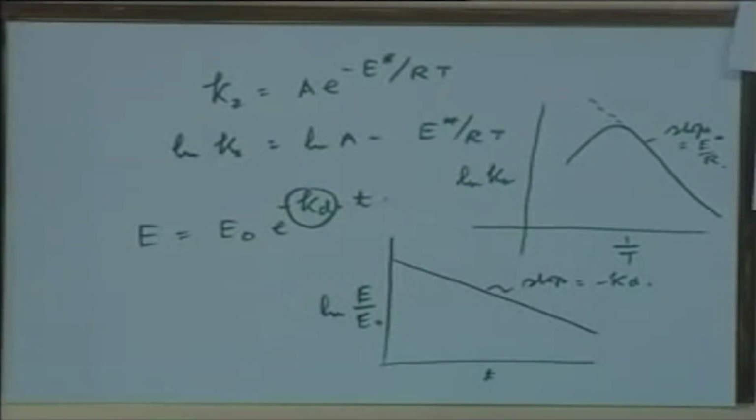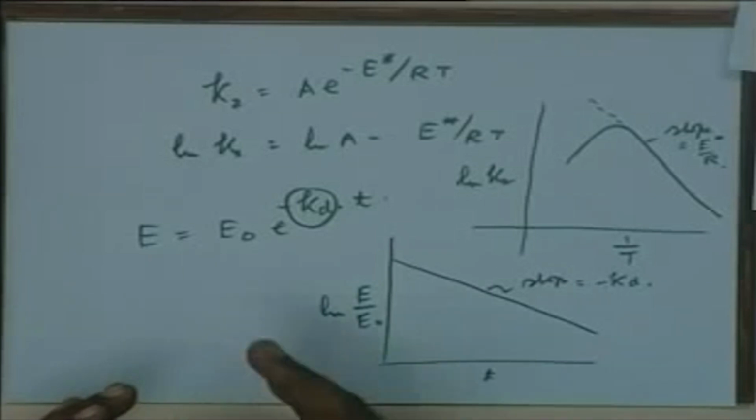Now, one must look at the third effect, the deactivation, and the second effect, that is on K2, as opposite forces. With increasing temperature, on one side the reaction rate increases, while also with the increase in temperature, the deactivation constant increases, and there is more chance of deactivation.